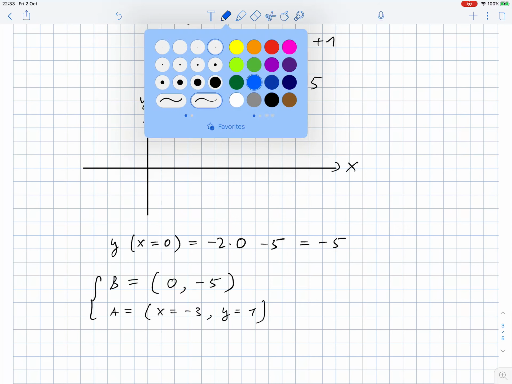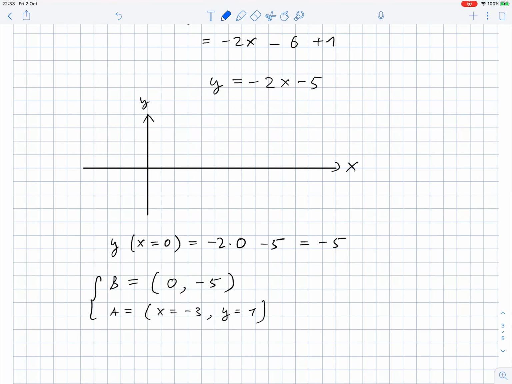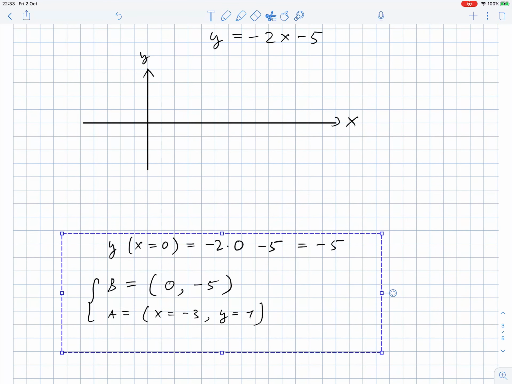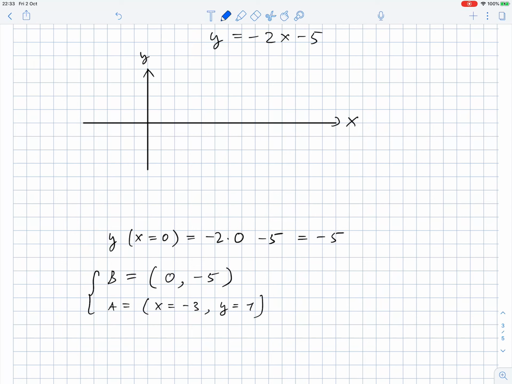Okay, let's draw the first coordinate, 0, -5. Let's move this whole expression here, because we need more space to add this coordinate of B, which is 0, -5. 1, 2, 3, 4, 5. This is our point B. Second point, A, x equals -3, 1, 2, -3, and y equals 1.